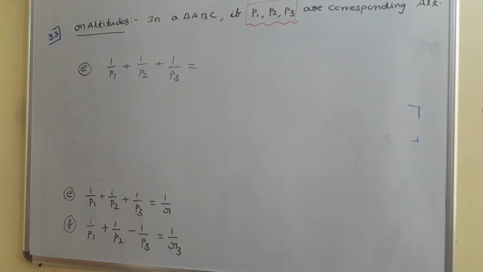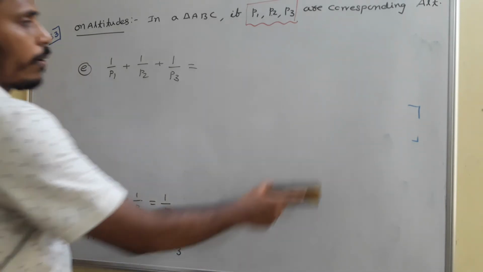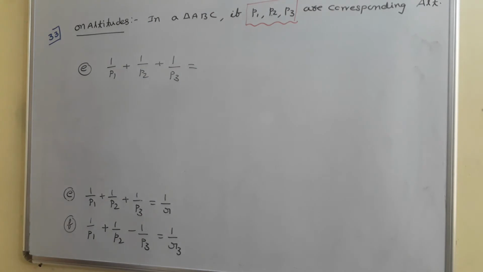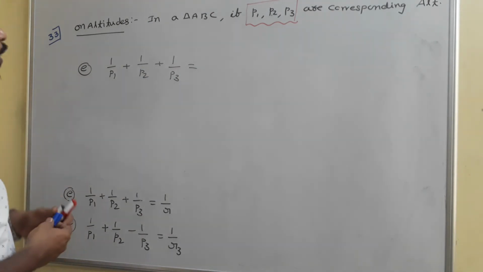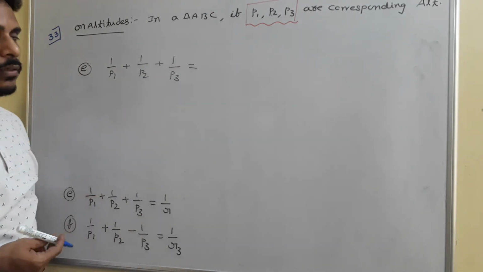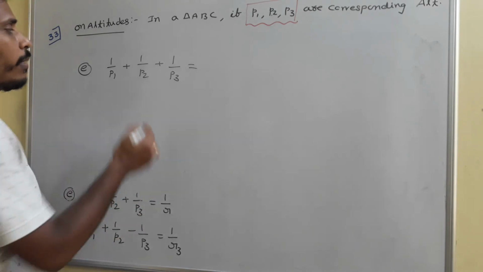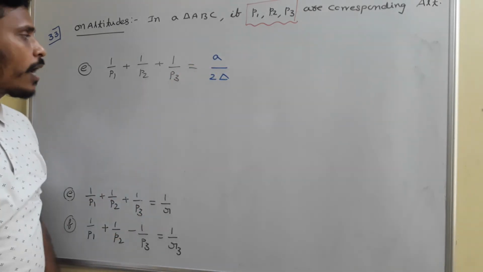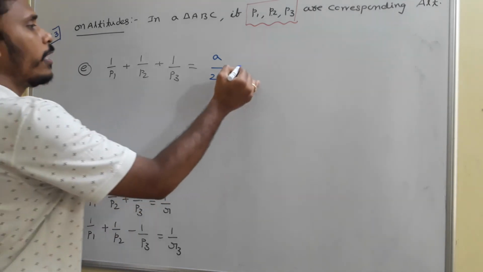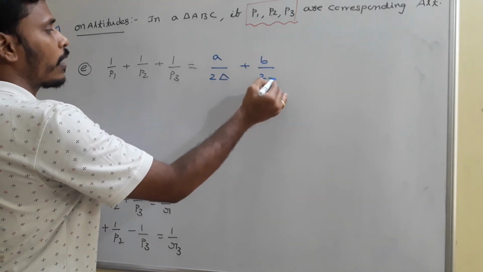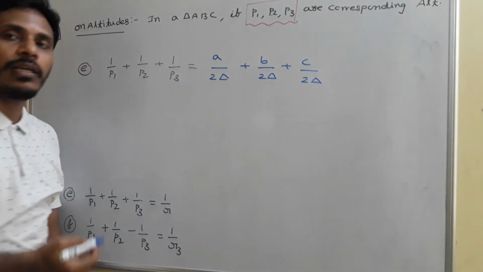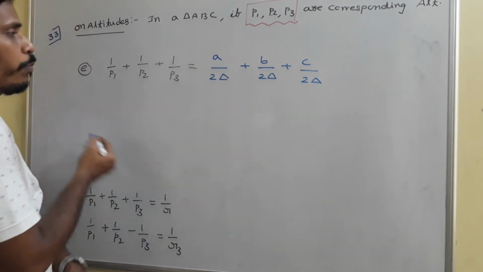Just look there. E: 1 by P1 plus 1 by P2 plus 1 by P3, and we need to simplify it to show it as 1 by R. And already we have the rule for P1. P1 is 2 delta by A, so 1 by P1 is A by 2 delta, and 1 by P2 is B by 2 delta, and 1 by P3 is C by 2 delta, just reciprocally from the basic rules of P1, P2, P3.